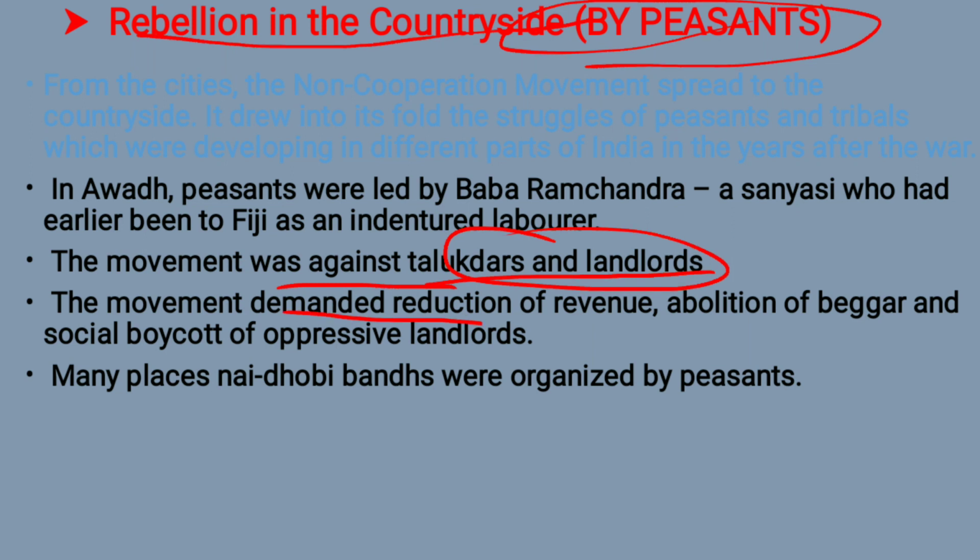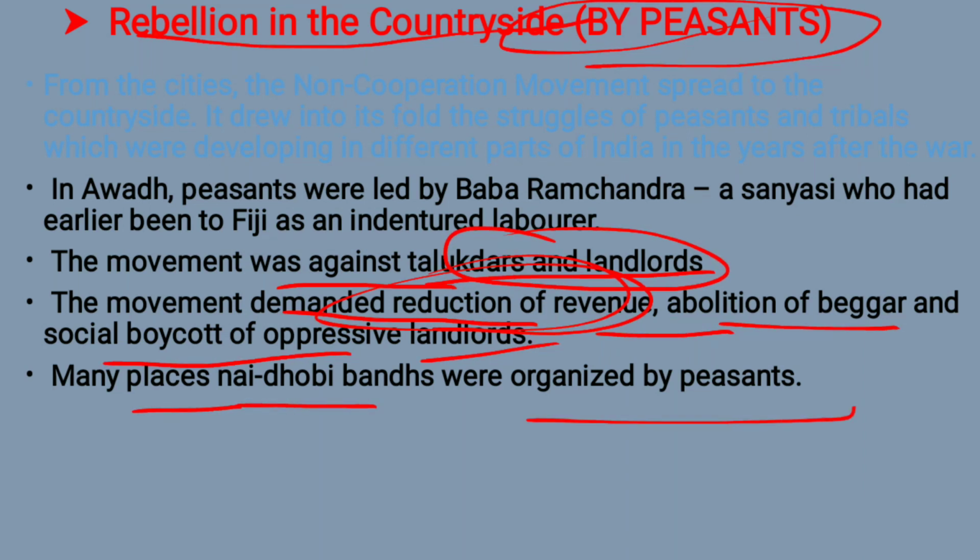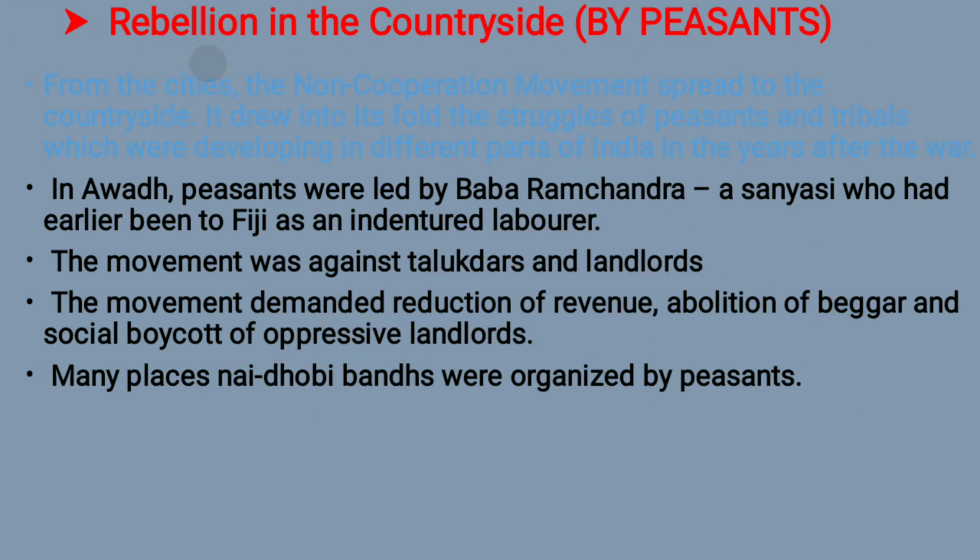The movement demanded reduction of revenue, abolition of begar, and social boycott of oppressive landlords. In many places, nai-dhobi bands were organized by the peasants at that time. This was against the non-cooperation movement, towards Mahatma Gandhi.